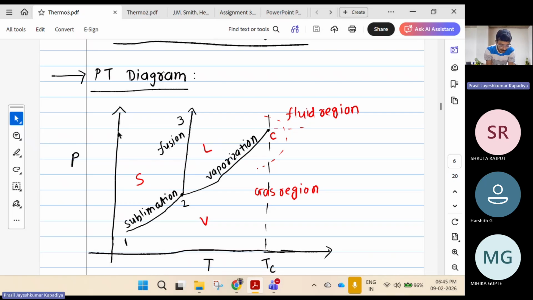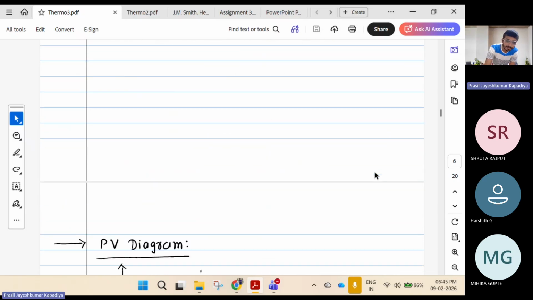What is one example of a supercritical fluid? Do you know? Air is an example of a supercritical fluid, a supercritical state. Okay, so this is all about the PT diagram.